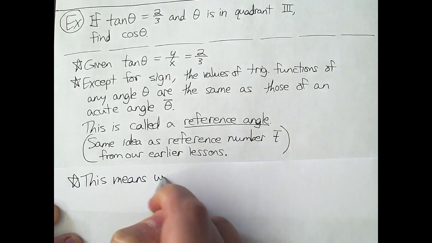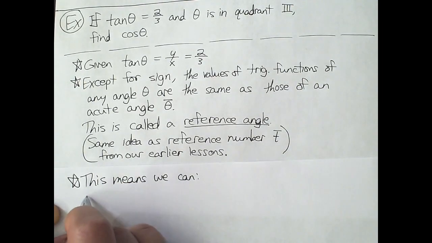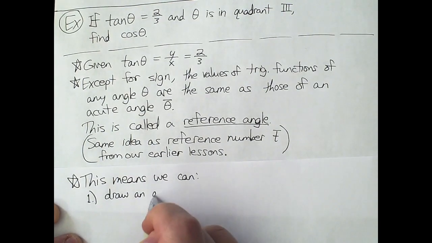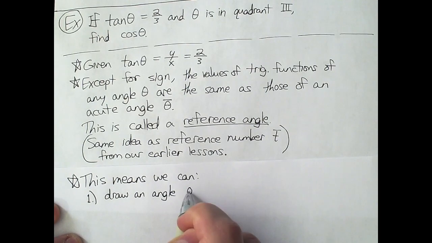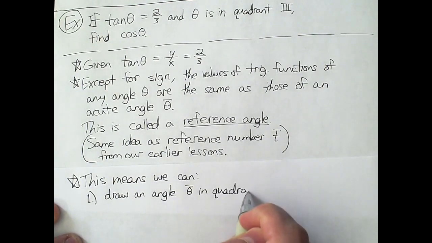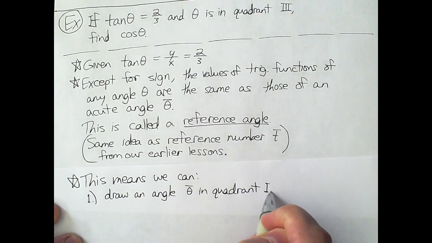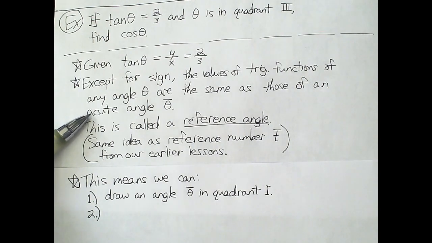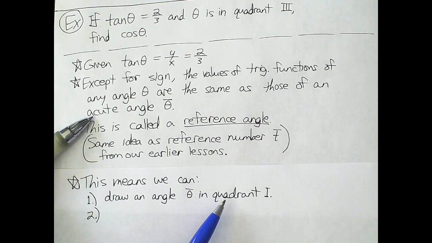This means we can, step 1, draw an angle theta bar in quadrant 1. Why am I saying quadrant 1? Well, it's because if you have an acute angle and it's in standard position, it's going to be pointing in quadrant 1.